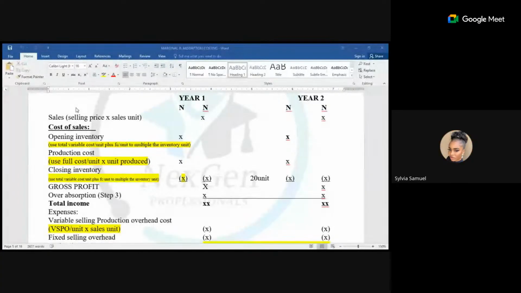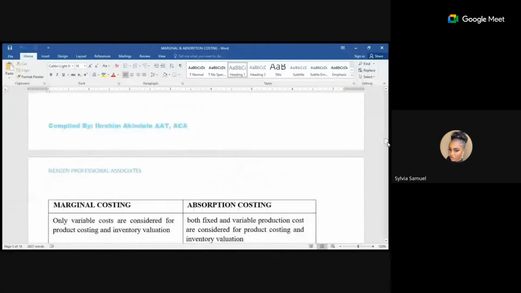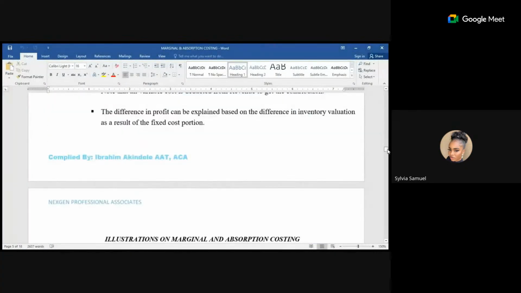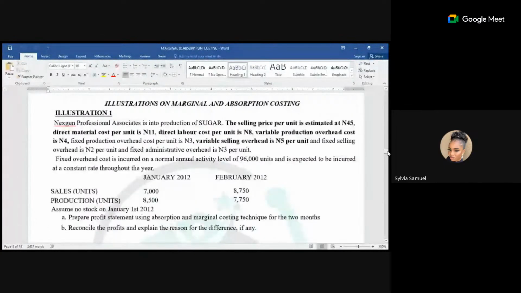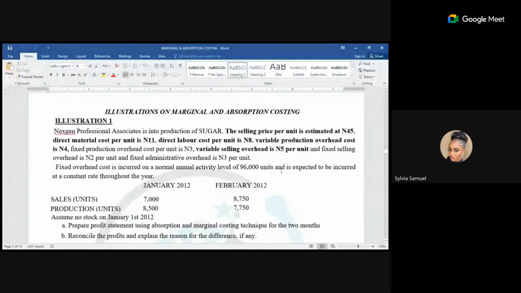Yes, sir. Please give us an overview of what we discussed under absorption costing. Okay, what we discussed last week, though I was not paying full attention, was absorption costing, also known as full costing, compared to marginal costing that deals with just the variable cost.